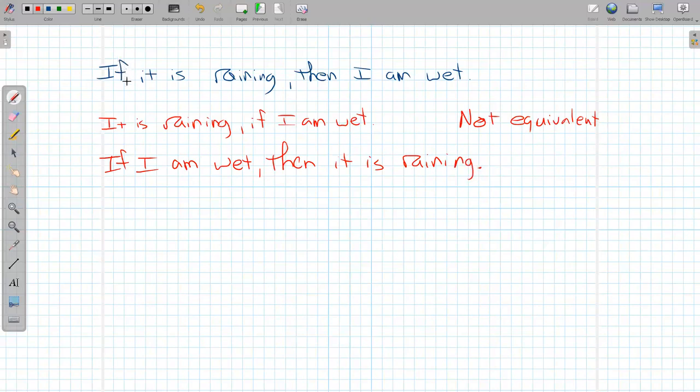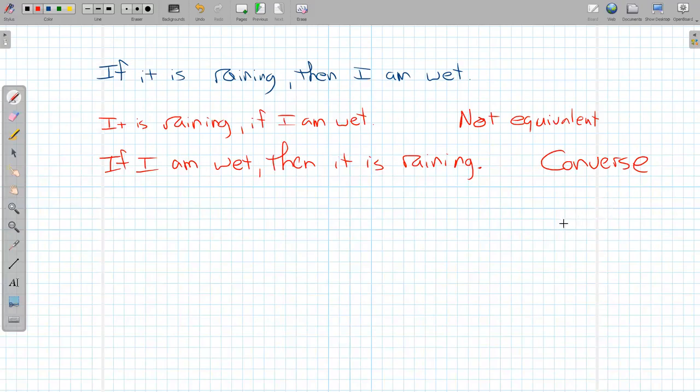So what we've done from the blue to the second red statement is we've definitely changed the order of the premise and the conclusion. And when you change the order like that, this is what's called the converse of a statement. And it does not necessarily have the same meaning as the original statement.